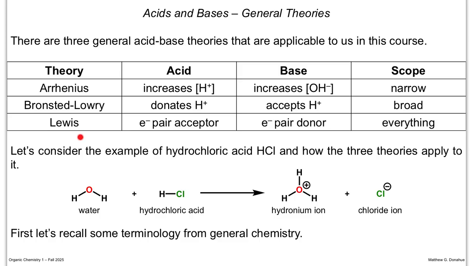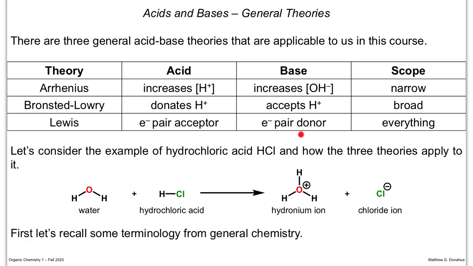And then finally, the Lewis, like the Lewis dot structures you've been drawing. That's the broadest definition of acid-base chemistry. And why is that? Because it's not focusing on any specific element or species. It's talking about the movement of electrons.